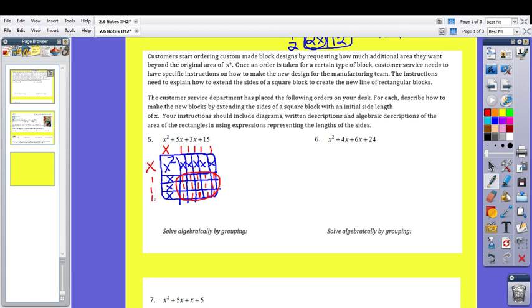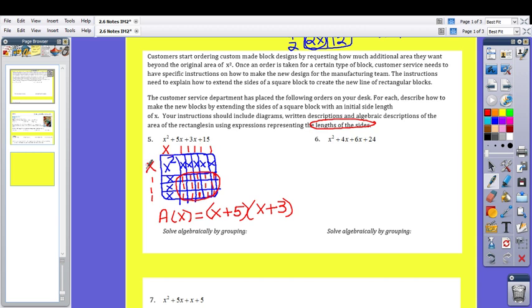So if you are representing the length of the sides, then we will write it as x plus 5 and x plus 3. If we are writing with the blocks counted, then it's this.